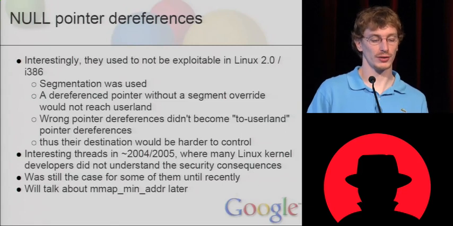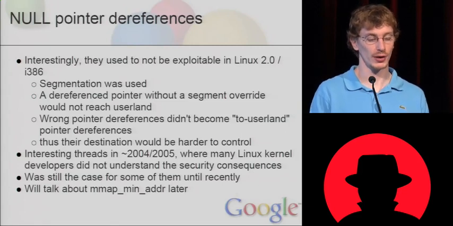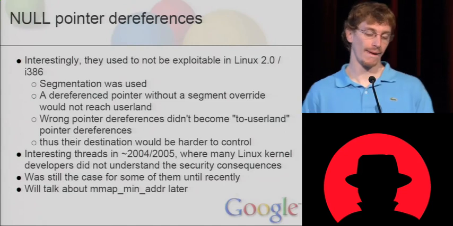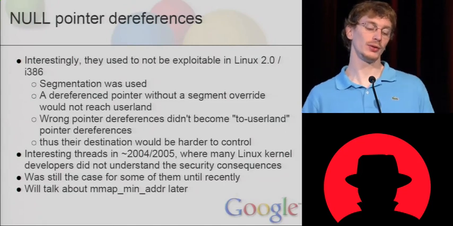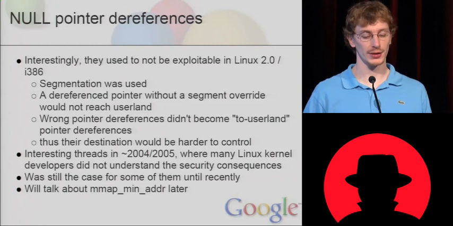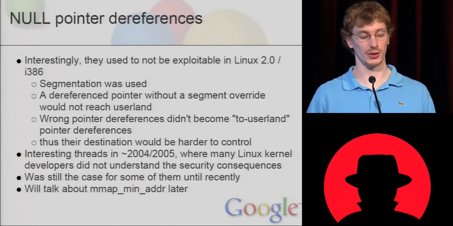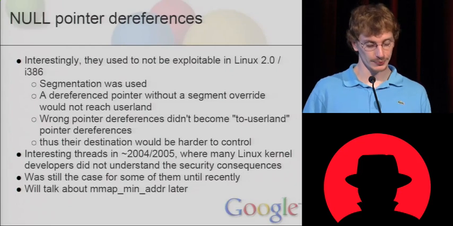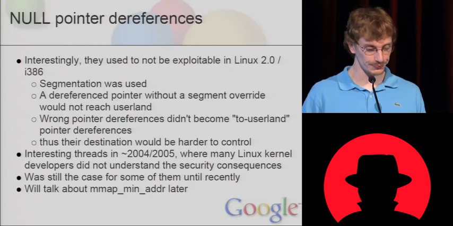So a different pointer without a segment override would never reach userland, which was quite convenient, because you explicitly had to write a segment override when you wanted to reach userland, so you couldn't unexpectedly reach userland, which was a cool feature.